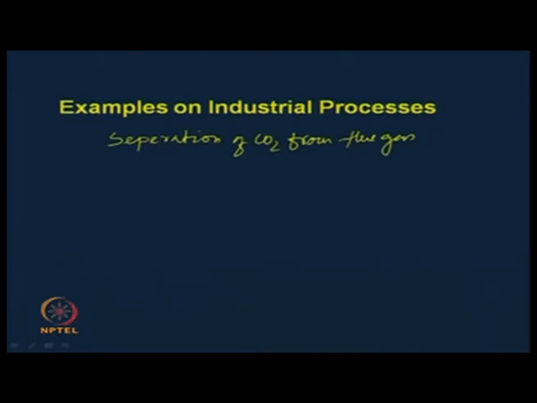As you know, CO2 is a greenhouse gas and the major emitter of carbon dioxide is the power plants, and the power plant off gas which comes out contains huge quantities of CO2 and we need to remove it from the flue gas for our safety in the environment. So, the process we use to separate CO2 is the absorption process.